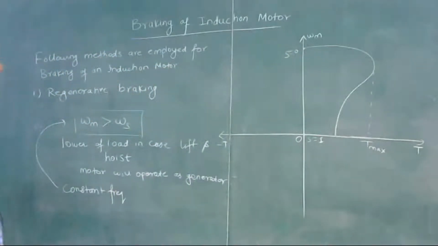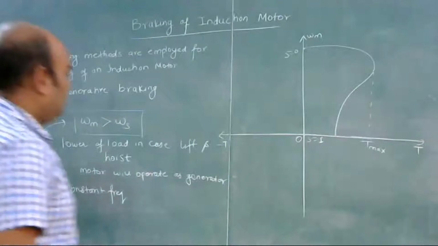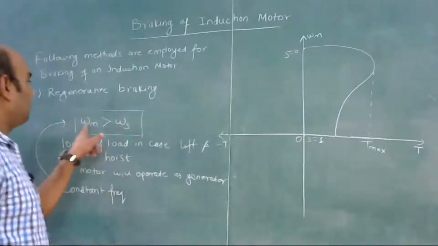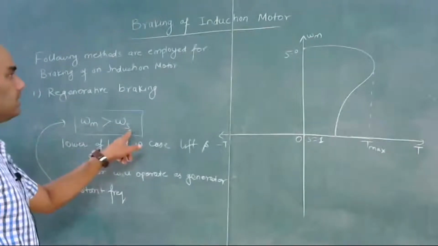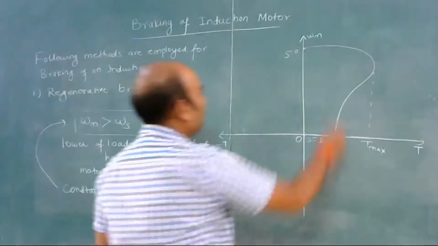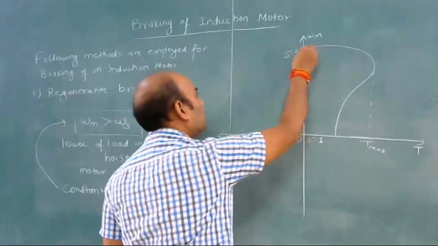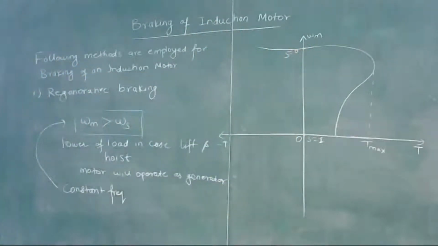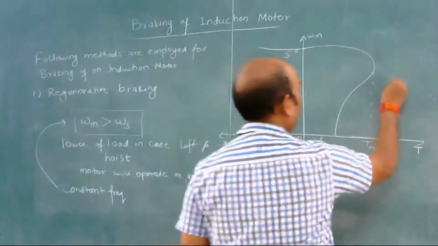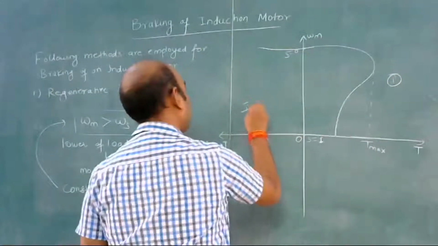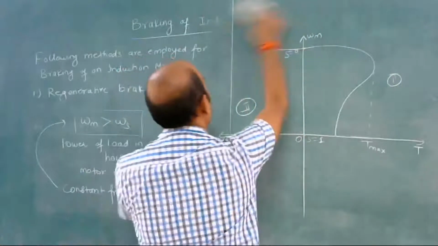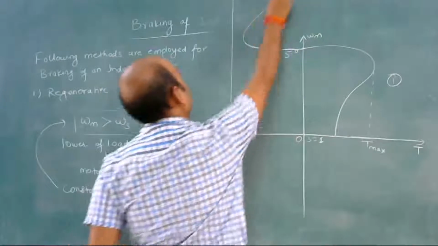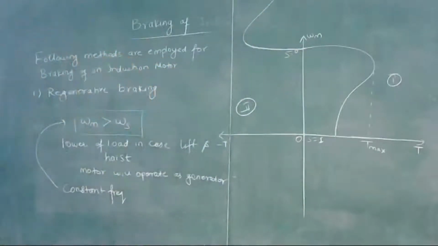When the rotor speed becomes greater than synchronous speed, the characteristic enters the second quadrant. This is the first quadrant and this is the second quadrant, and the characteristic continues like this.